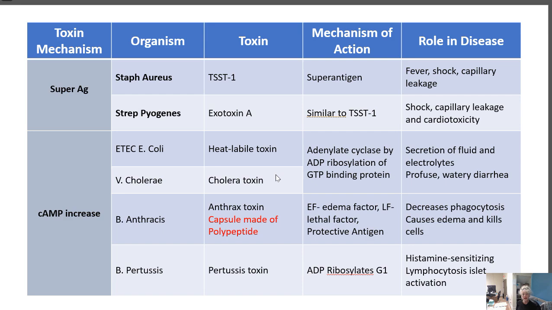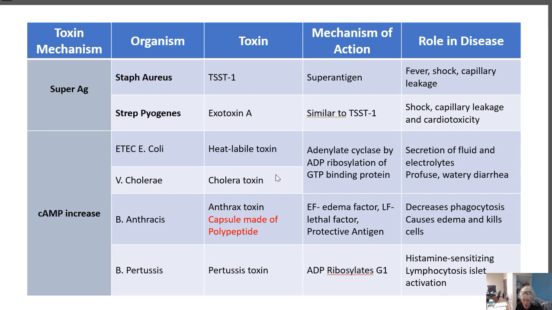E. coli has a heat labile toxin. It uses adenylate cyclase by adenosine diphosphate ribosylation of guanosine triphosphate binding protein, causes secretion of fluids and electrolytes, causing profuse and watery diarrhea. Vibrio cholerae kind of does the same thing.